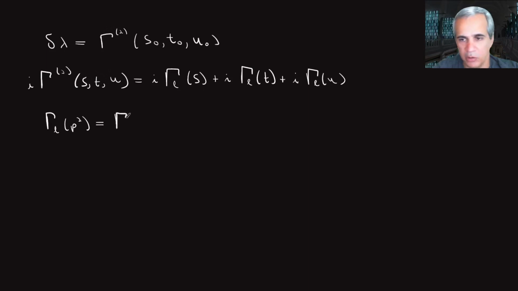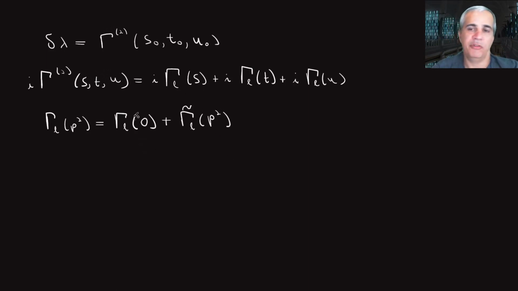So all the divergent integrals are contained here in gamma L calculated at p equals 0, and you have this other function, gamma tilde, which is finite, right? So that's all we got so far, and we calculated this guy and this guy.